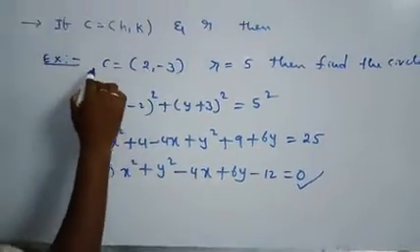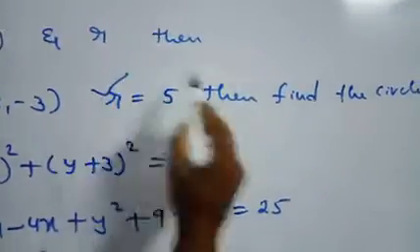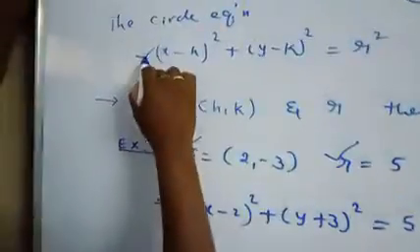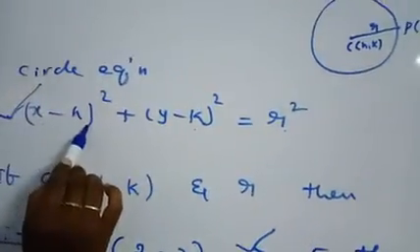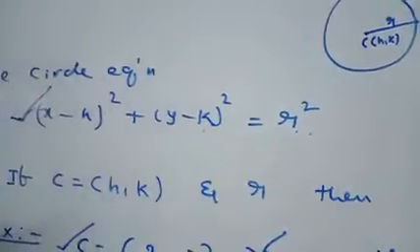Very important: in the problem, given the center and the radius, find the circle equation. So substitute in this formula, x minus h whole square plus y minus k whole square is equal to r square.